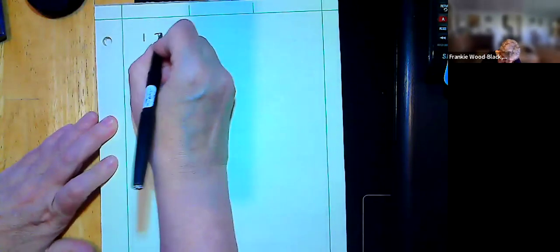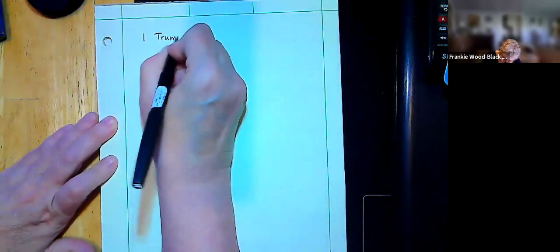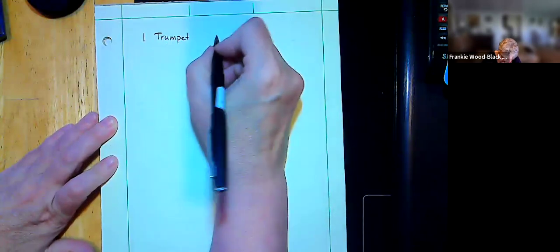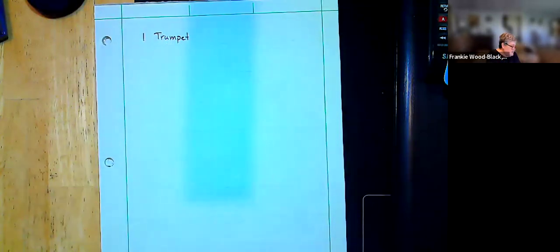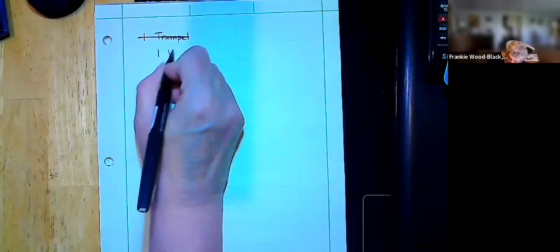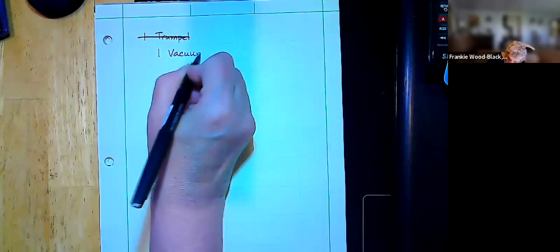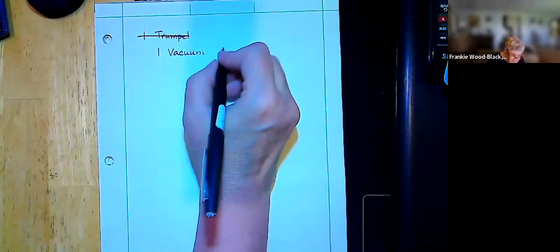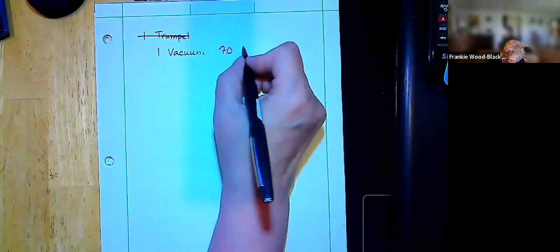If I have one trumpet, let's do, oh, we'll do a vacuum cleaner. We'll do one vacuum cleaner, and it has an average of about 70 decibels.